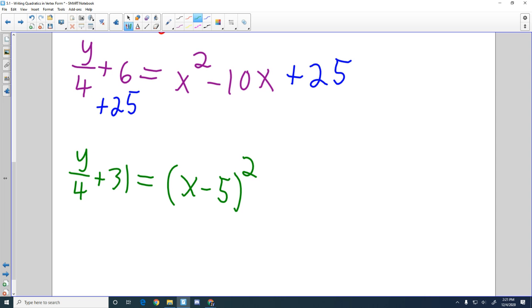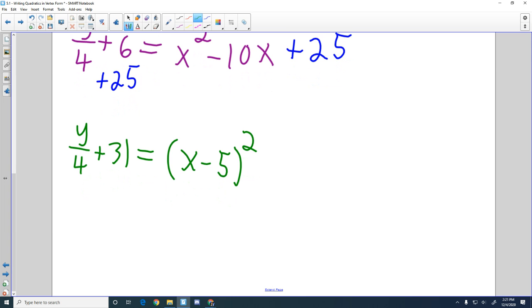At this point, we're just trying to get the y by itself now. What do I get rid of first, the 31 or the 4? The 31. Yep. Now I have to multiply.